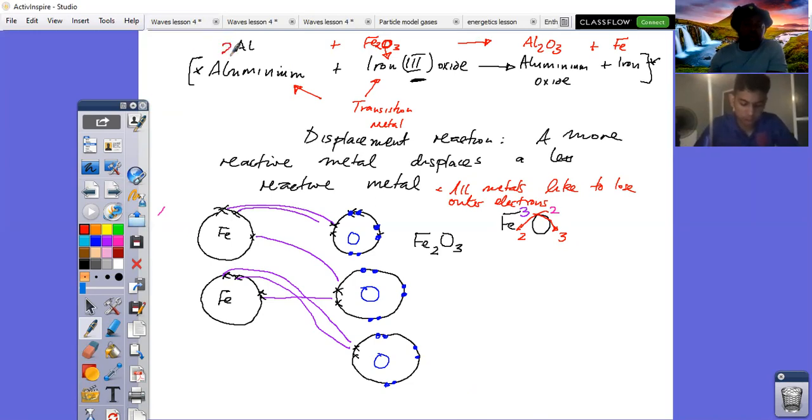Yeah, so 2Al plus Fe2O3 gives Al2O3 plus 2Fe. Correct. Now this is a scenario where you could be asked to write a half equation.